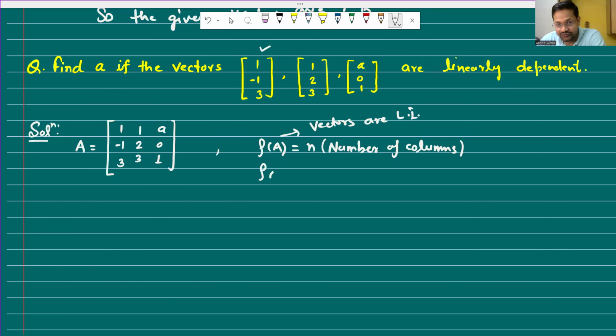If the rank of the matrix is less than n, or not equal to n, where n is the number of columns, okay, then in that case we can say the vectors are LD.